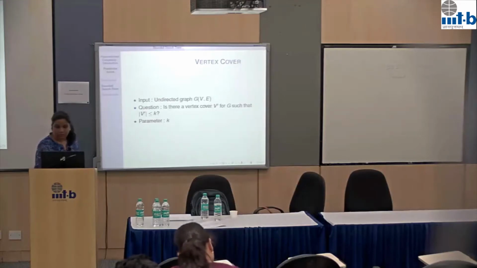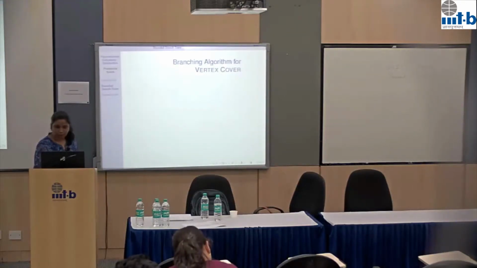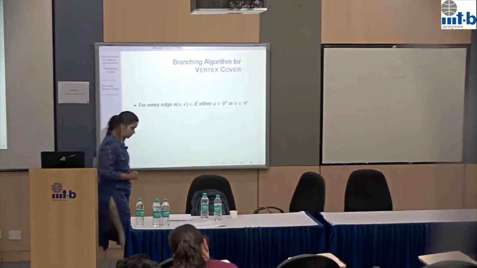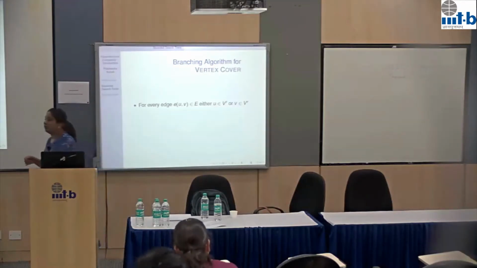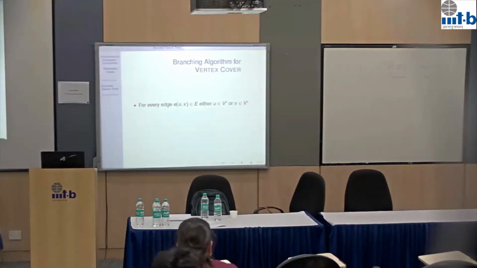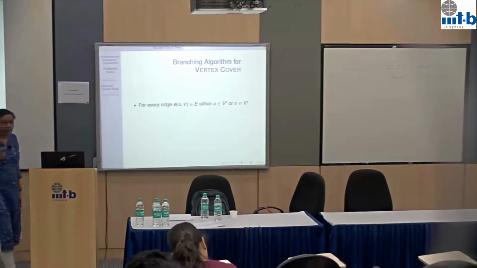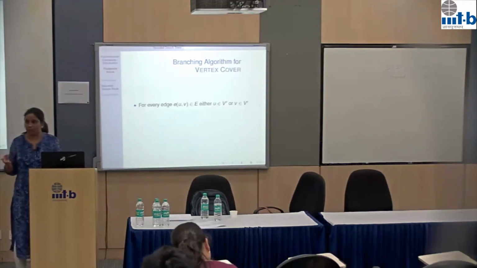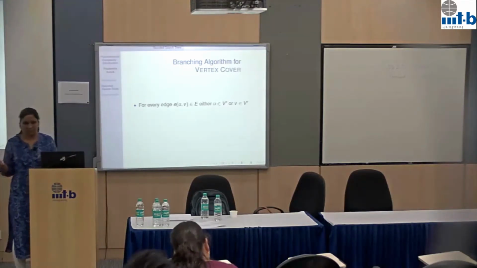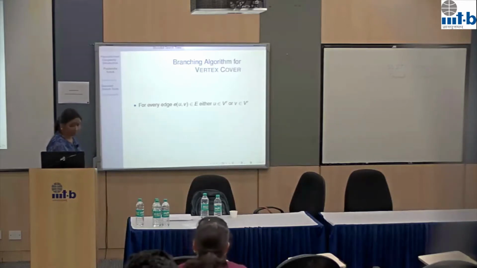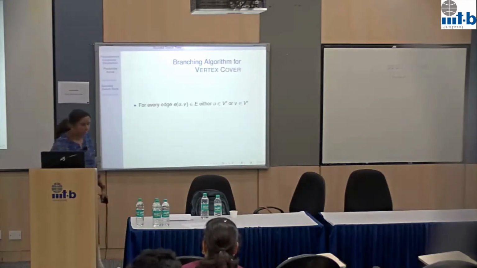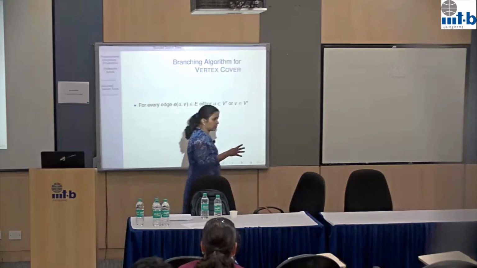Okay. So here we are going to build the search tree for this. This is a fact, right? You take any edge in the graph. One of its endpoints should be in the vertex cover. That's the definition of vertex cover, right? Now we will branch on it. When I say branch on, what I mean is we'll consider both possibilities.